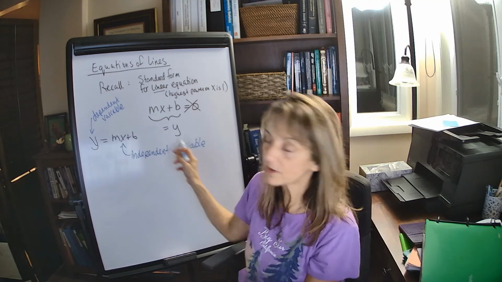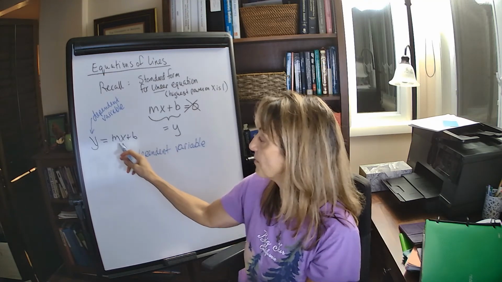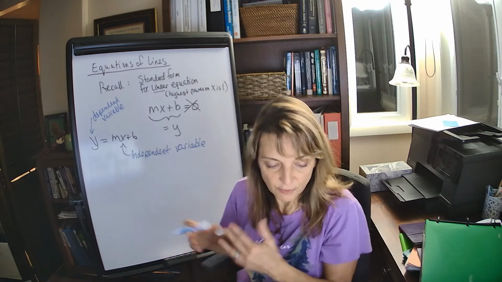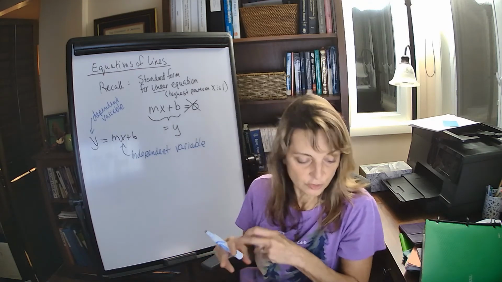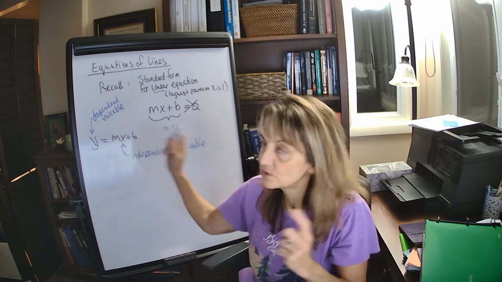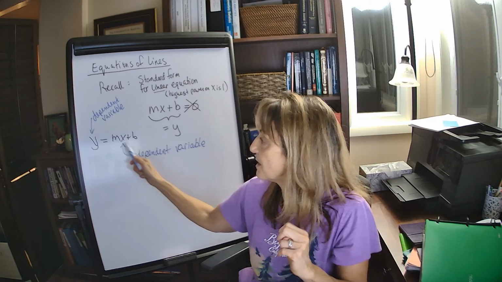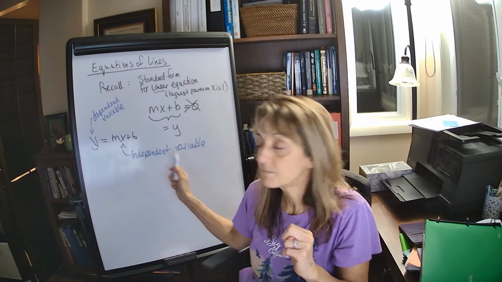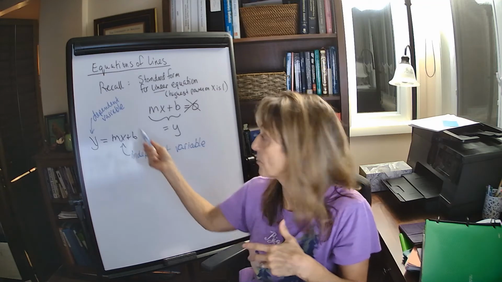Whatever value we get for x, and m and b are actual real numbers, we're using them as placeholders. But now we think that x can be anything in the domain, and y is the result of cranking through this.